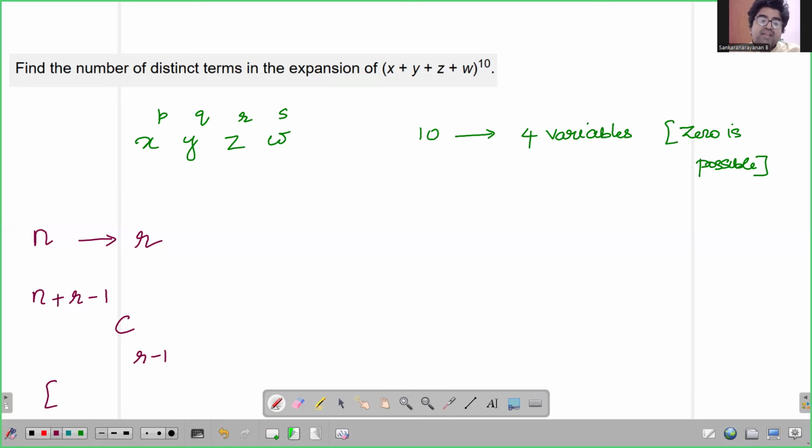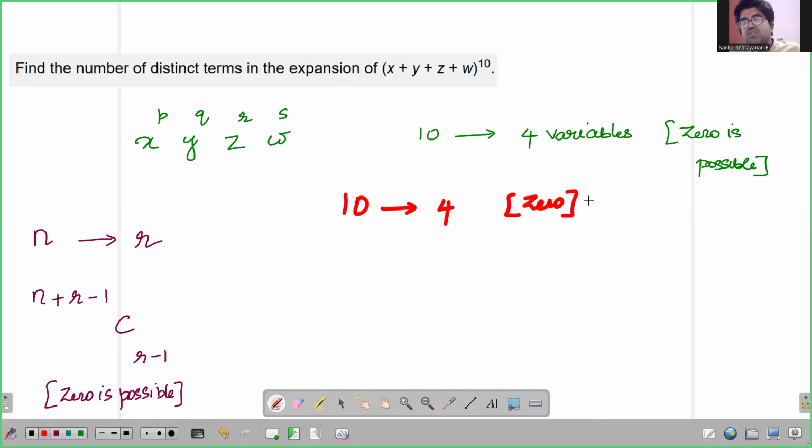This is the case. Please note, when 0 is possible, a term can take 0, like what I have explained. When 0 is possible, then the formula is n plus r minus 1 C r minus 1. Here, we can see that this 10 is getting distributed among 4 variables, wherein, as I told you, 0 is okay.